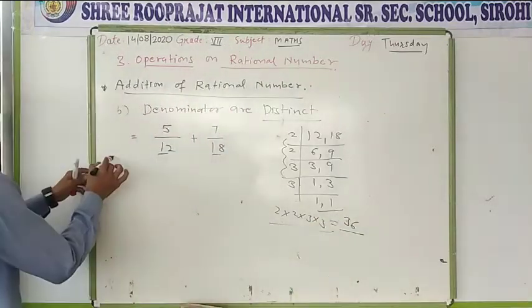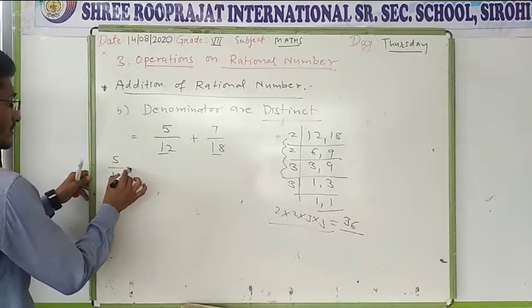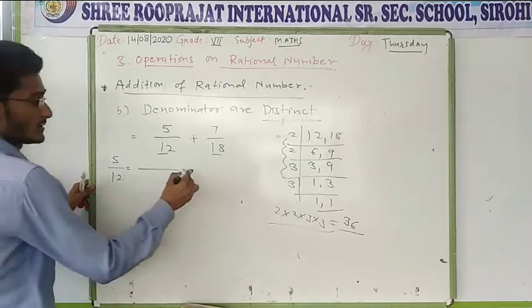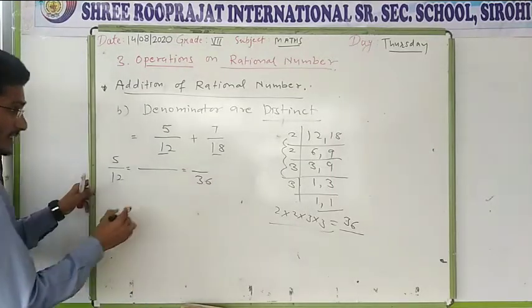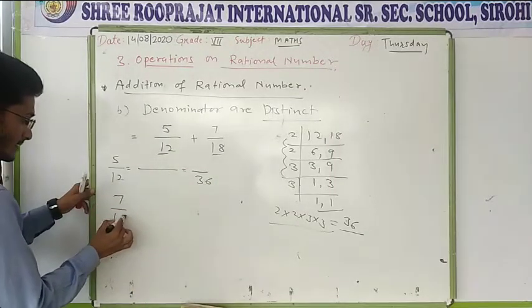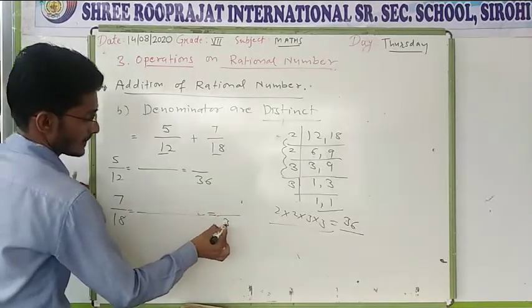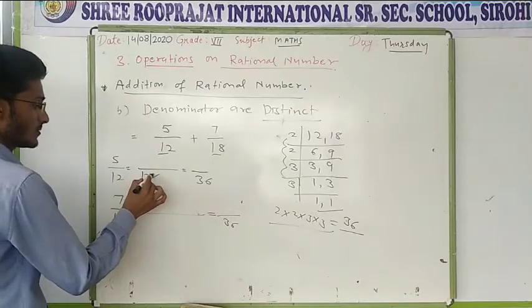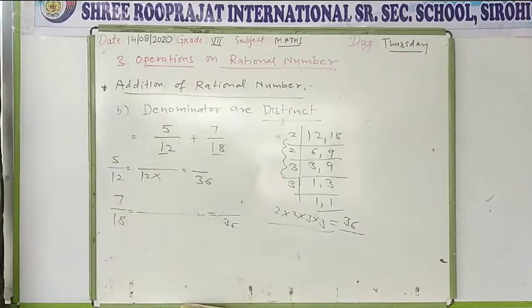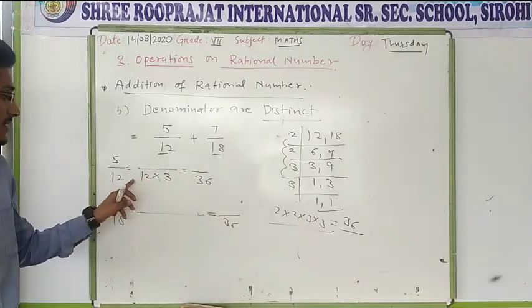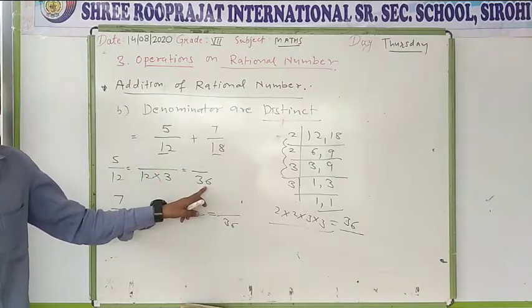So if you want to change 5 by 12, you have to change 12 to 36. And next one, 7 by 18, again you have to change 18 to 36. Now in place of 12 you need 36. What will you do? You have to multiply by 3. If you multiply 12 by 3, you will get 36.